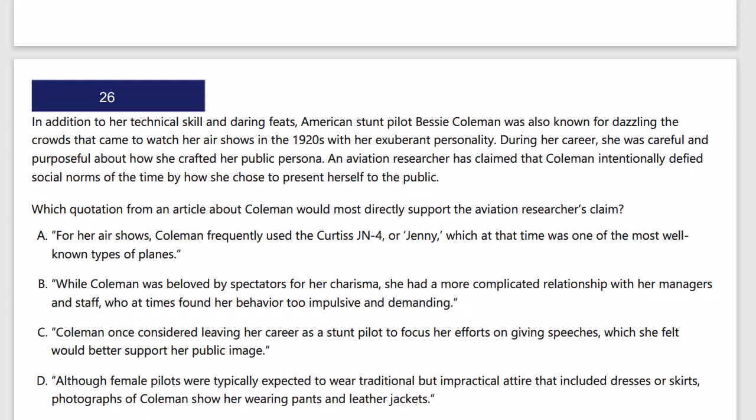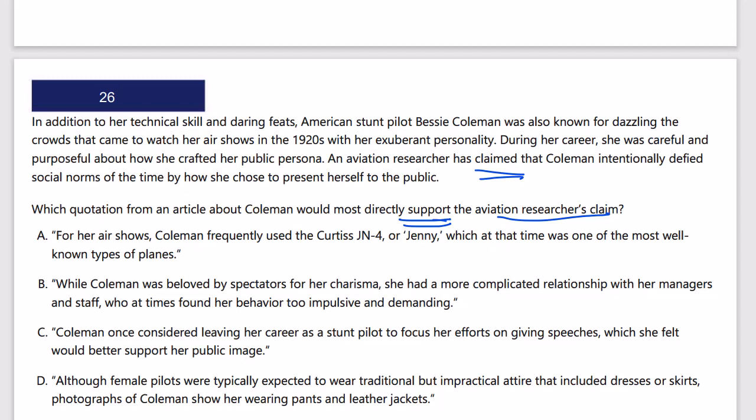Okay, we've got a command of evidence, and we want to support the aviation researcher's claim, which is right there. So let's read. In addition to her technical skill and daring feats, American stunt pilot Bessie Coleman was also known for dazzling the crowds that came to watch her air shows. In the 1920s, with her exuberant personality, during her career, she was careful and purposeful about how she crafted her public persona.